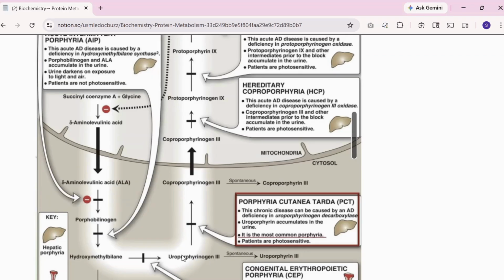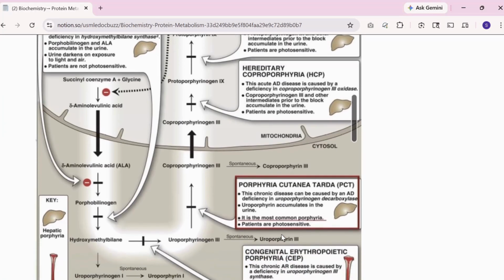Let's do PCT first. Porphyria cutanea tarda is a chronic disease, can be autosomal dominant. Uroporphyrin accumulates. It is the most common type of porphyria. It's in the name, cutaneous problems are going to show. Patients are photosensitive. Everything is stopped here, so everything in the back will all be shunted.